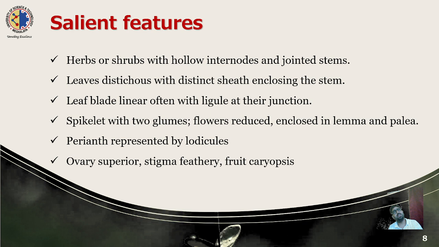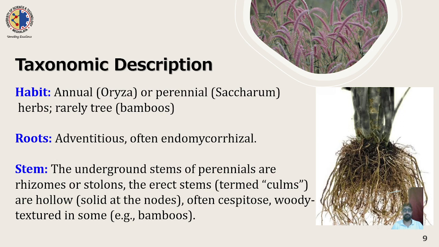When you do not differentiate sepals and petals, it is called tepals or perianth. These Poaceae species have a reduced perianth, represented by two small lodicules. And this family has a superior ovary, a feathery stigma, and its fruit is a caryopsis.